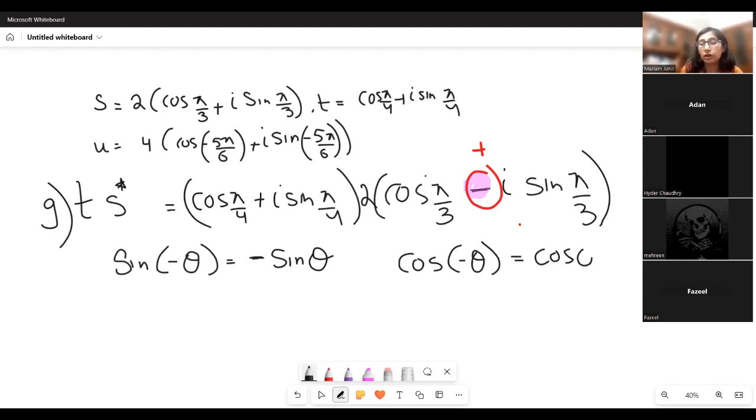You can check this in your calculator. You can write sine 30, sine minus 30, and it will give you the same answer as minus sine 30. Then enter cos minus 30 in the calculator and it will give you the same answer as cos 30.